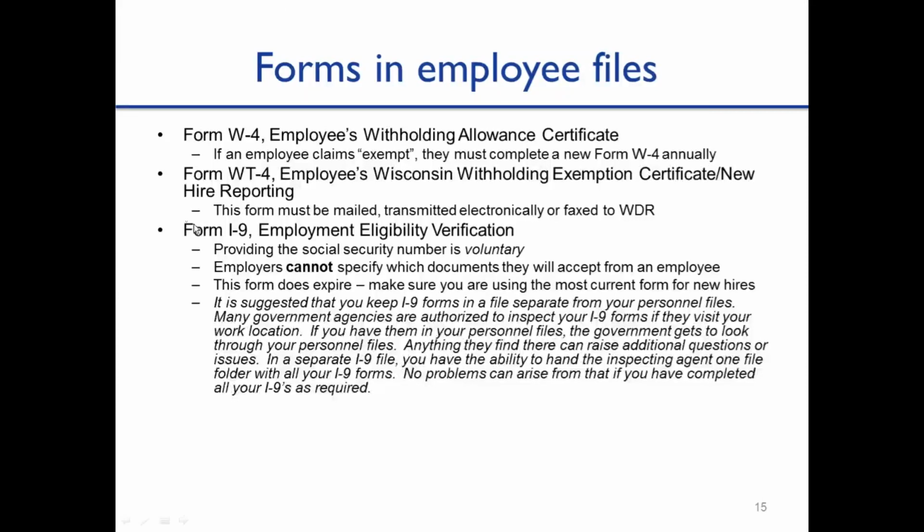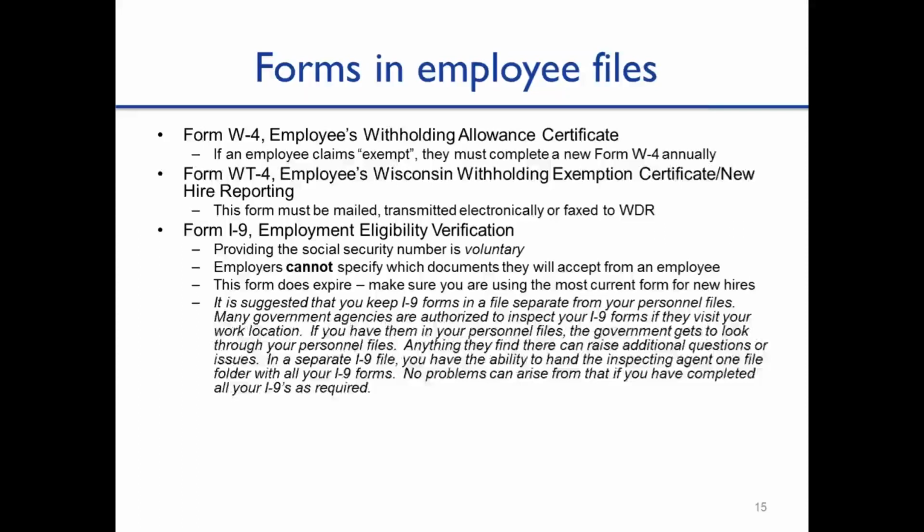Form I-9, we recommend putting that in a file separate from your W-4 or WT-4 or any other employee type of files. Because for your I-9 form, government officials and agencies can come in to make sure that you do have those I-9 forms on file to make sure that your employees are able legally to work in the United States.